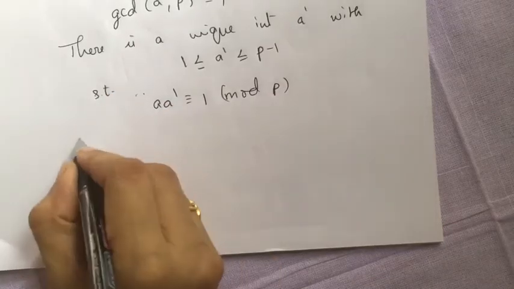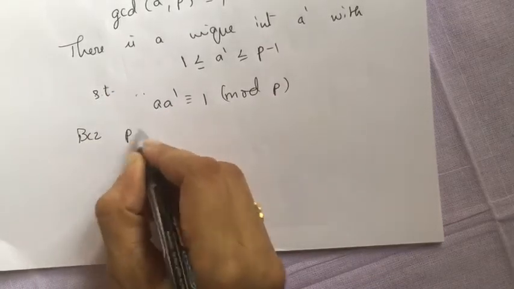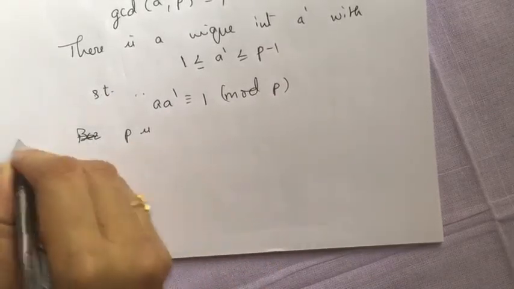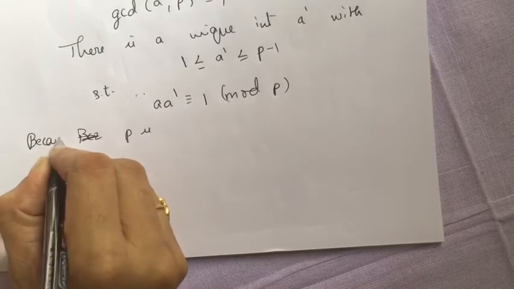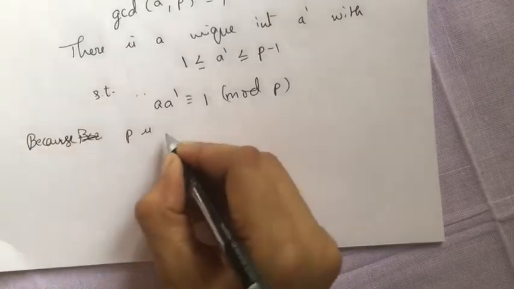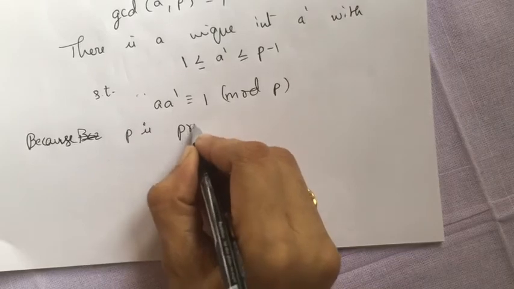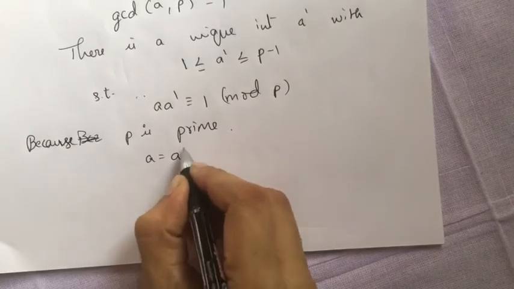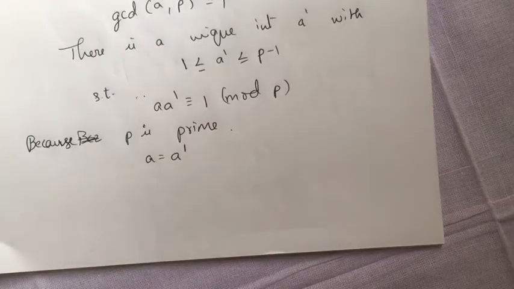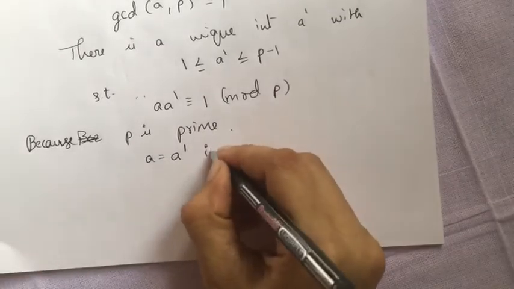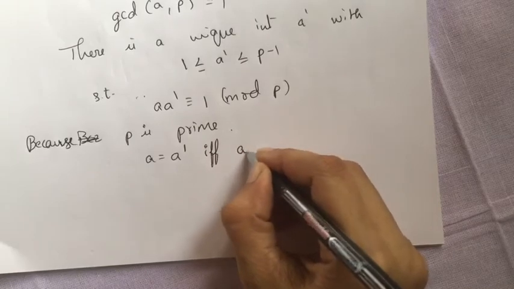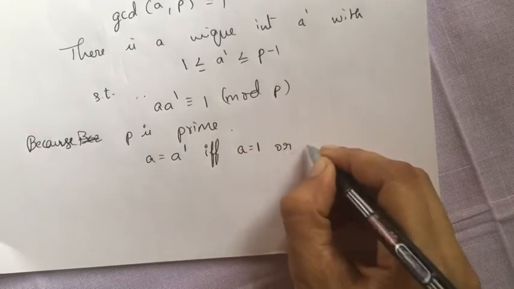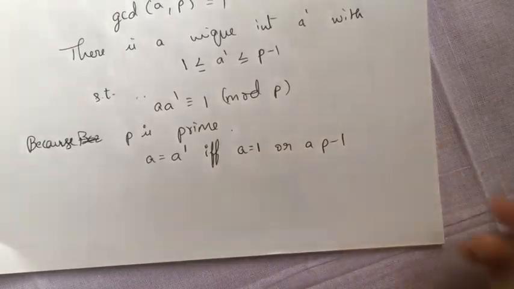Because p is prime, a should be equal to a dash only if either a equals 1 or a equals p minus 1.